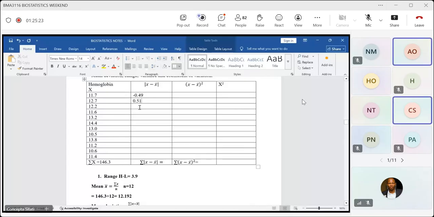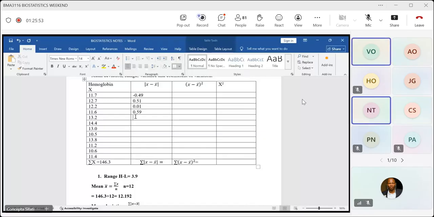Next: 0.01. Next: 0.59. Omondi, are you here? I'm here, daktari. 13 minus the mean gives 1.01.